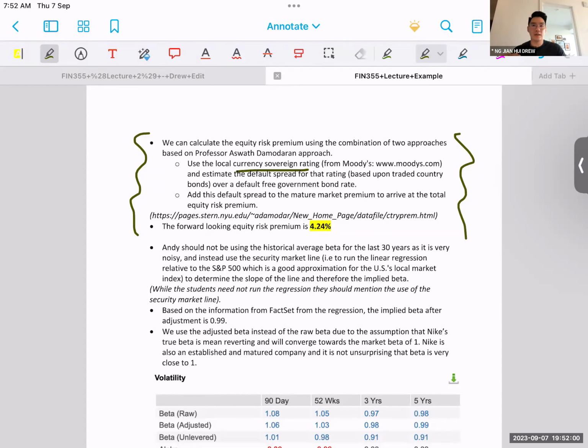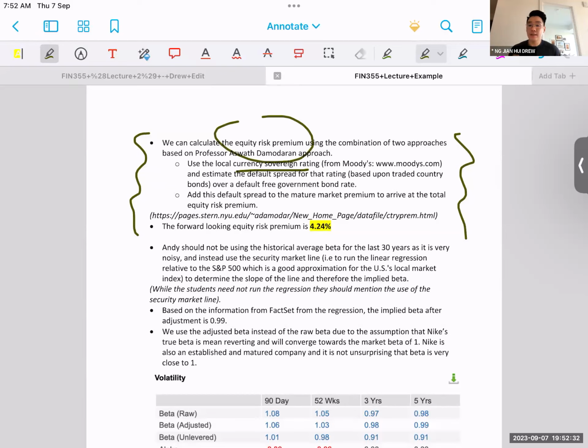Maybe the default risk is very low compared to, let's say, somewhere in Sub-Saharan Africa, let's say Gabon, where the country risk premium is very high, right? Because of this difference, we need to consider various country risk premiums in our equity analysis. So this is slightly beyond the course. And of course, if you can do it, it will be amazing. That's why I still want to put it here.